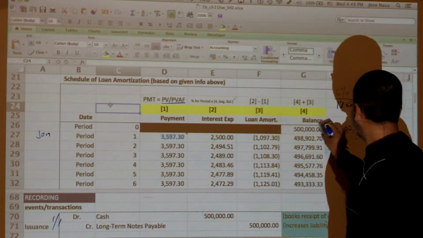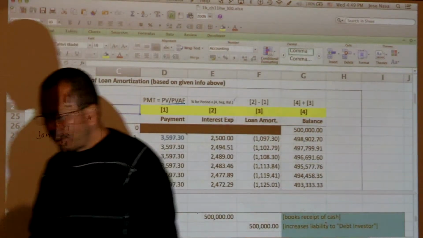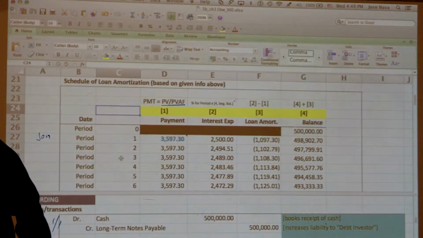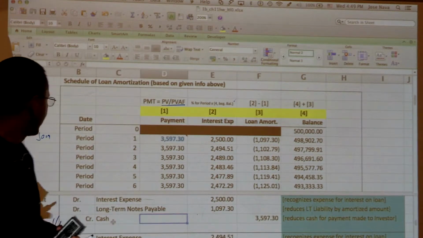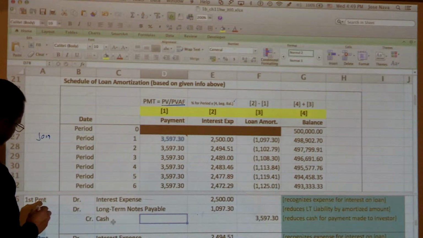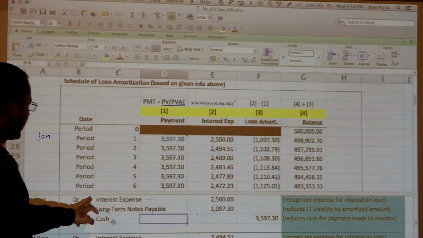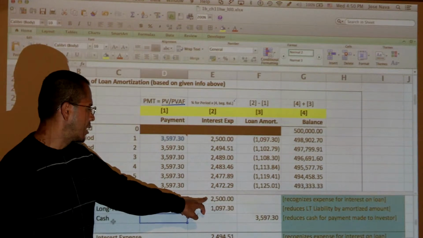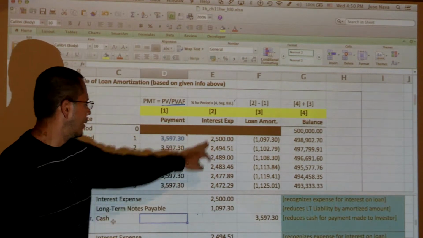Now, given that, notice the entry that we use for that first payment. The first payment will be done at the end of January. So that would be simply a debit to the expense, in this case interest expense, coming from there.